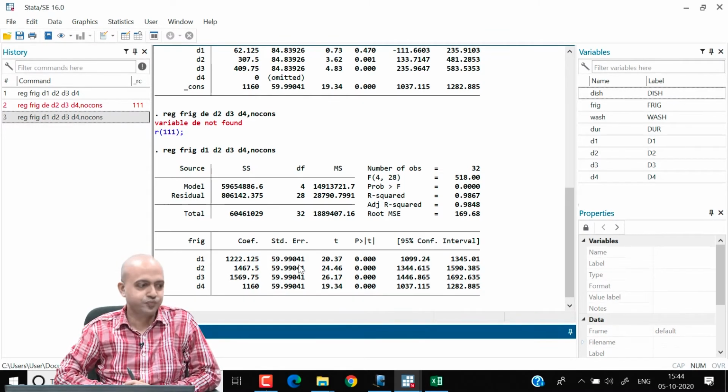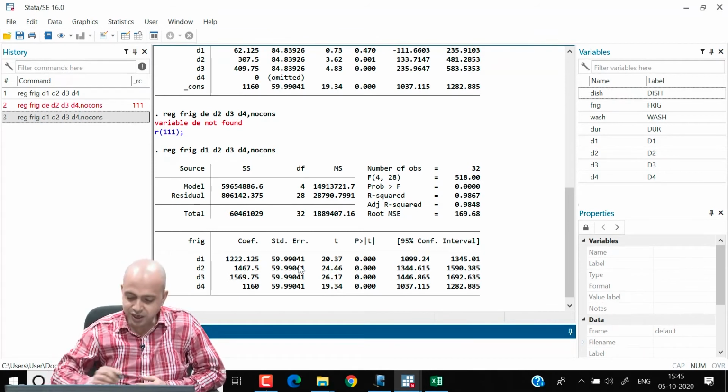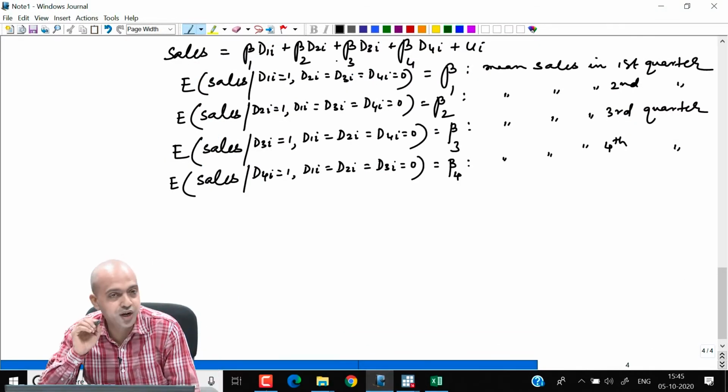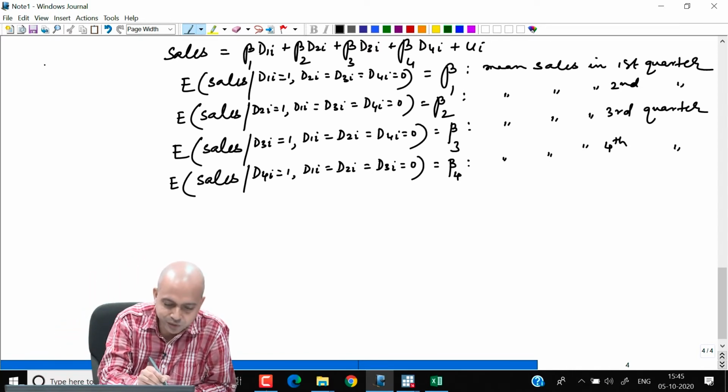Now in this model we have introduced only qualitative information, that means it was an ANOVA model. If you consider the quantitative covariate, which was sales in durables, then your model will change. In this model I have introduced only 4 dummies, D1, D2, D3, D4. So this is basically the ANOVA model.